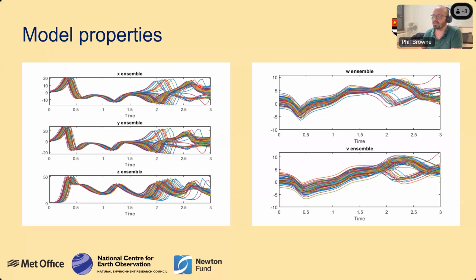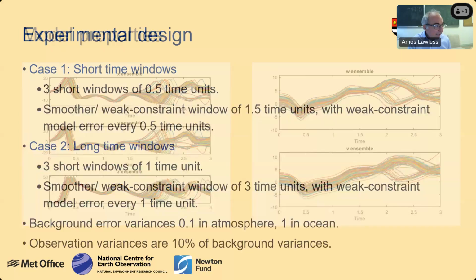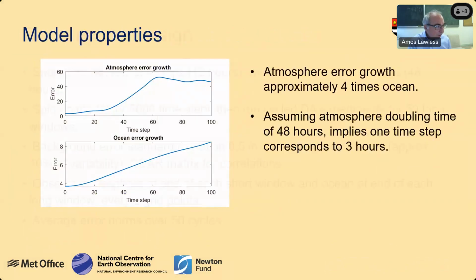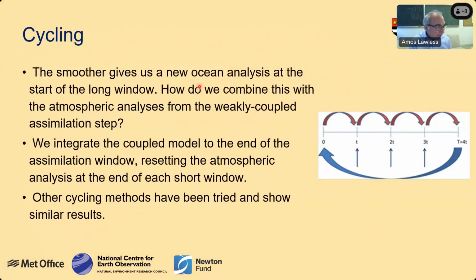I run from the smoother solutions. Yes. So what we do when we take the smoother here, there are different ways of doing it. We take the smooth ocean solution, and we take the non-smooth, because we just have the standard atmosphere solution here.